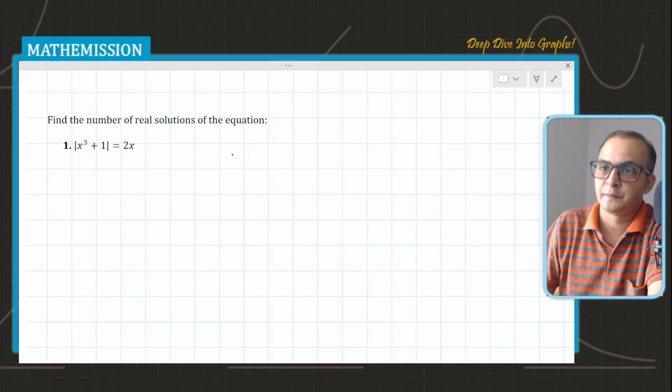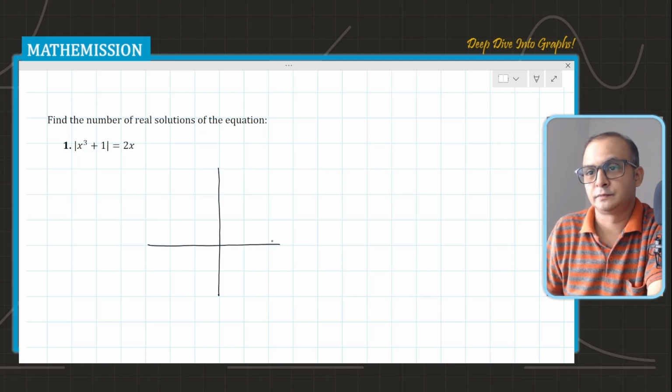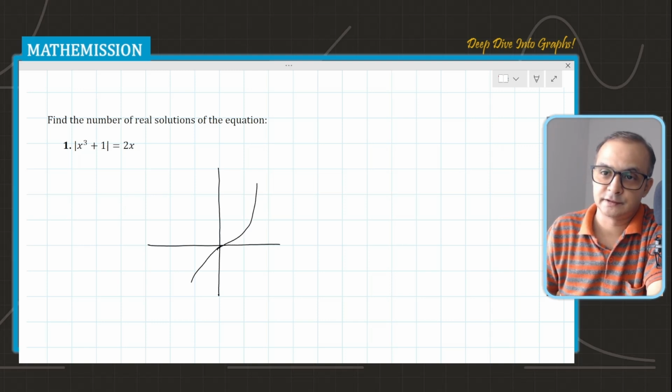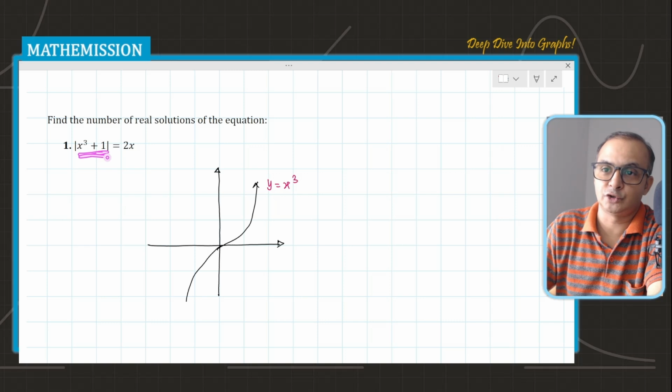You know that the graph of x cubed is like this. I'm only drawing the schematic diagram, not up to scale. This is y is equal to x cubed. I am aiming at drawing the graph of x cubed plus 1, and then I want to take the mod.